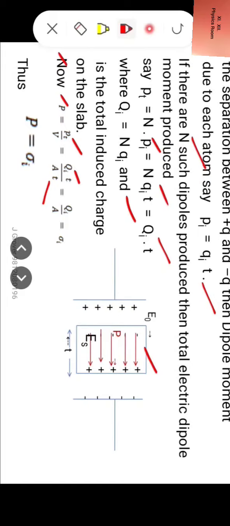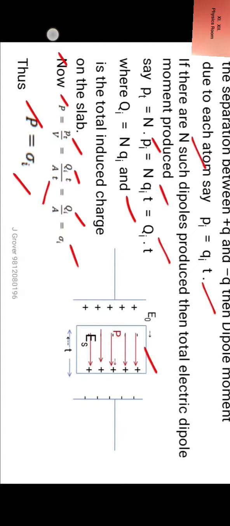So t cancels, and we are left with Q by A, and Q by A is nothing but sigma i, the surface charge density. Thus we can say polarization P is equal to sigma i. That is, polarization is equal to the induced surface charge density.